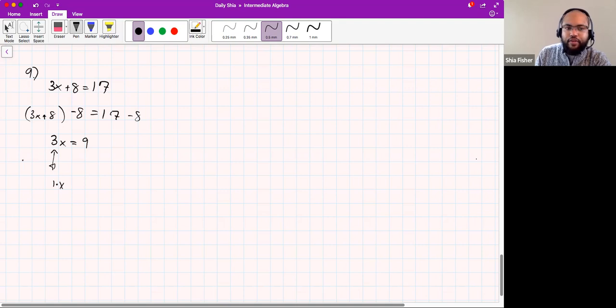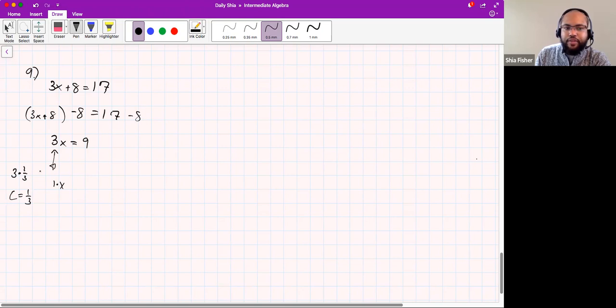And so the only thing that's going to change this 3 into a 1 is if I multiply it by 1/3, because 3 over 3 equals 1, right? So that's what I'm going to use for my C value. C is going to be equal to 1/3.